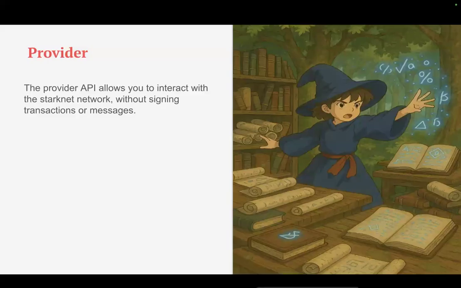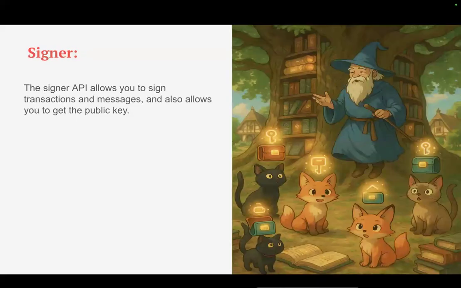You can also connect to it using the provider API, depending on which provider you are working with. So that's just what the provider API does. It allows us to interact with the network without signing transactions. It's just our connector.